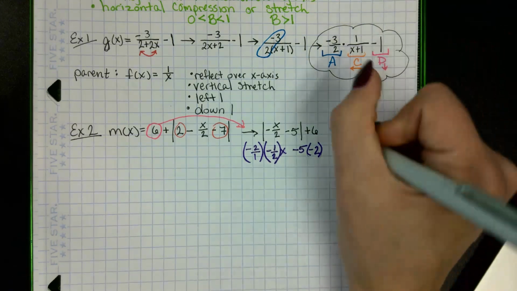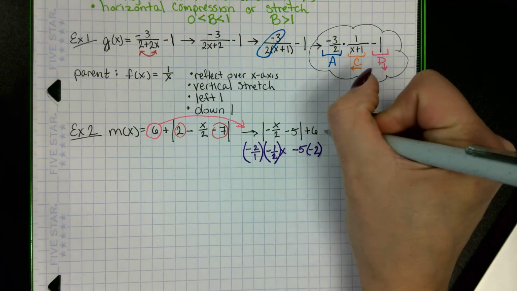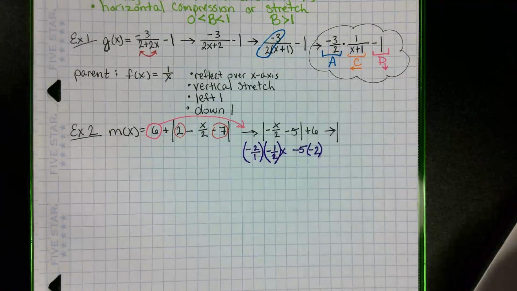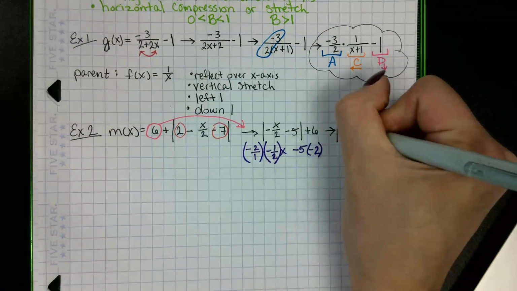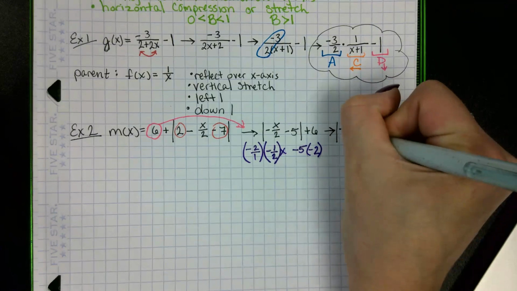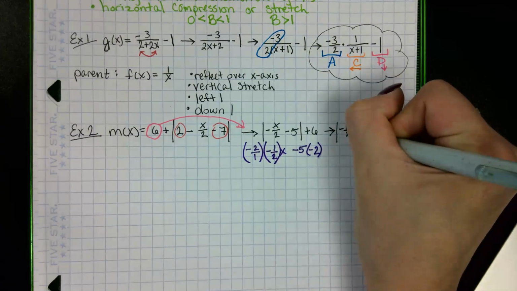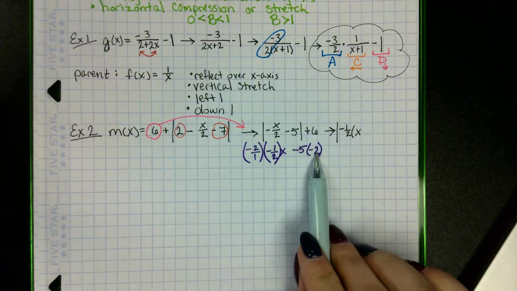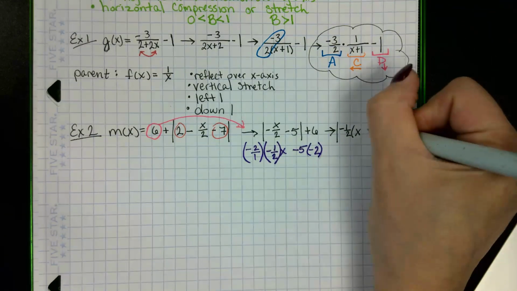Okay. So then I write that again. The absolute value, I'm bringing the negative 1/2 out front from the x. So then parentheses, x, and then I have negative 5 times negative 2 is positive 10.